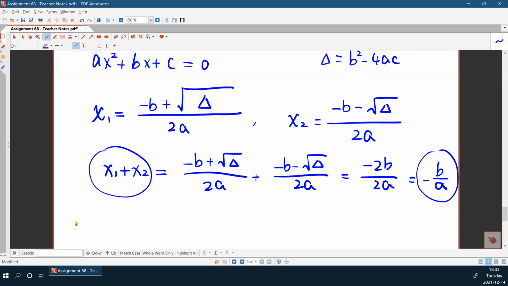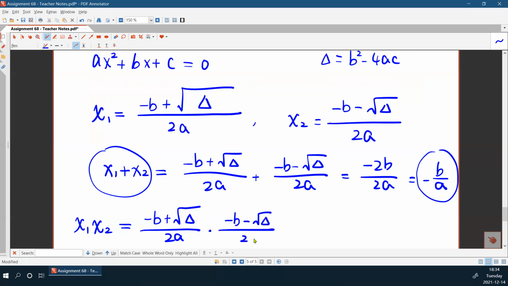Okay, and there is another conclusion. How about the product of the two roots? The product of the two roots is minus b plus square root of delta over 2a times minus b minus square root of delta over 2a.